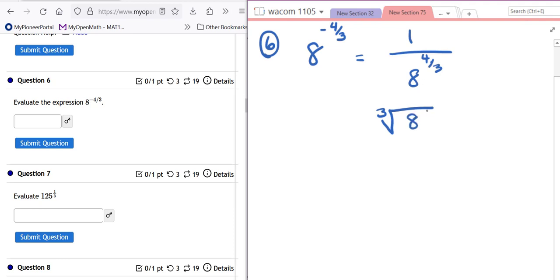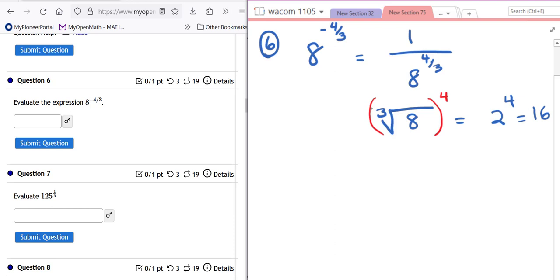Now, before you put the 4, you can choose for it to go inside or outside. If this is something you can simplify, which is a perfect cube, I would choose to put the 4 on the outside. Cube root of 8 you can do on your calculator is a 2. So this is 2 to the 4th, which is 16.